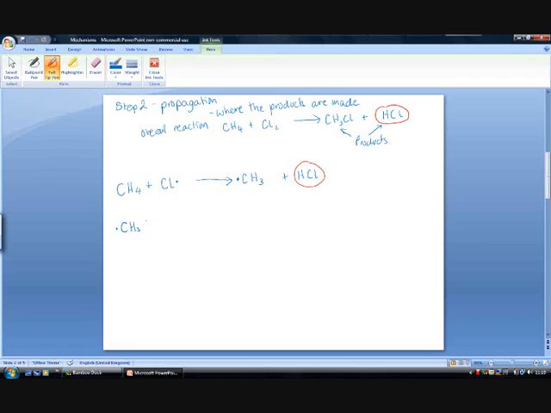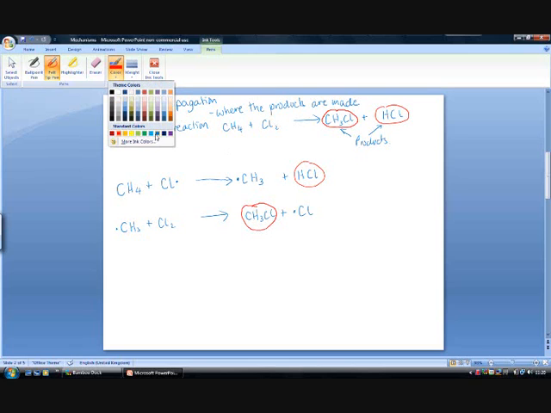The second reaction in the propagation step will start off with the methyl radical, CH3, with an unpaired electron, reacting with chlorine gas, Cl2, and you end up with chloromethane and another chlorine radical. So the chloromethane here is what's produced as a product. So we've produced our 2 products. You also produce radicals. Whenever you do a propagation, you generate more radicals.